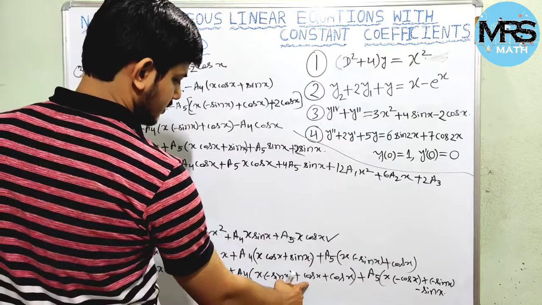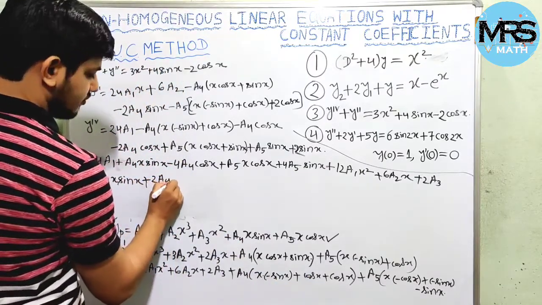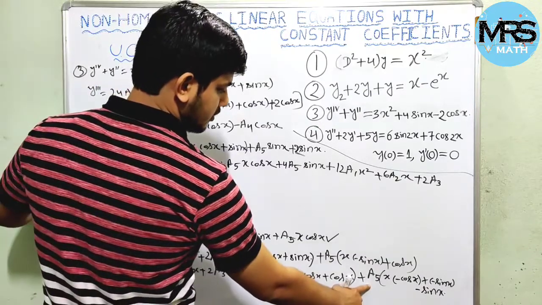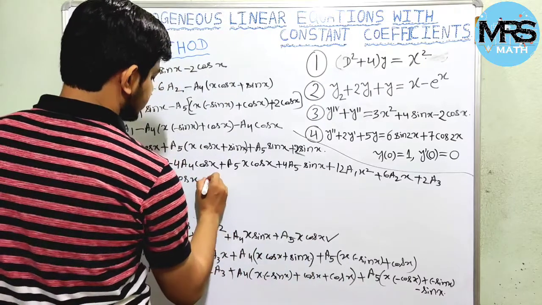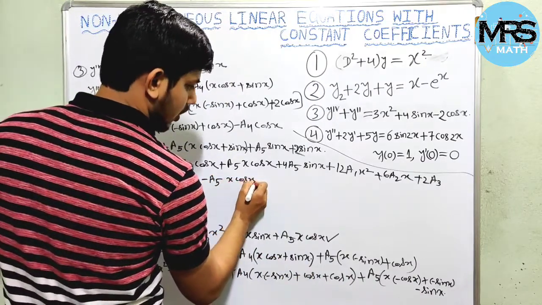So this is 2 cos x, so 2a4 cos x, so this one will be minus a5 x cos x.